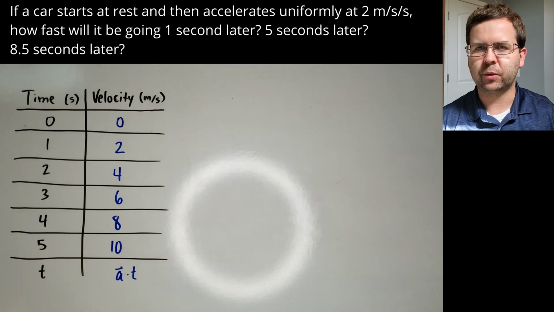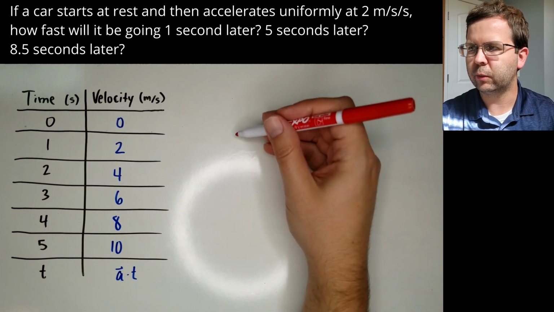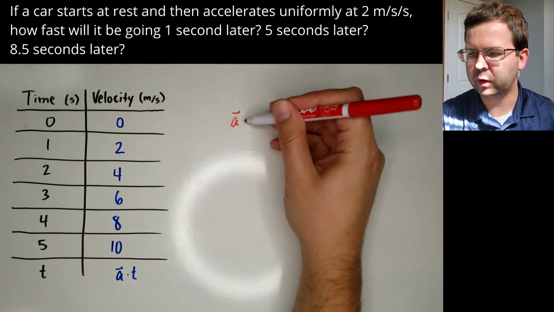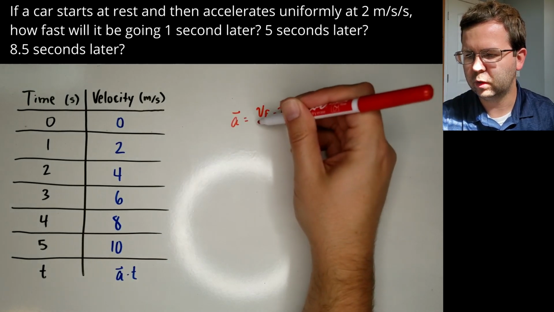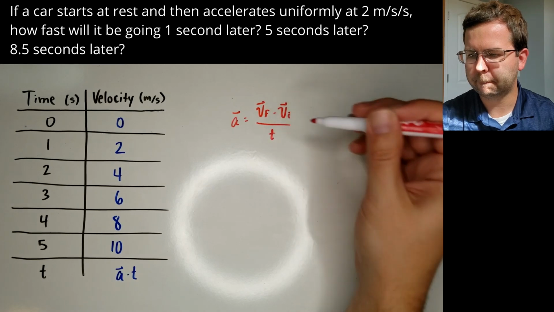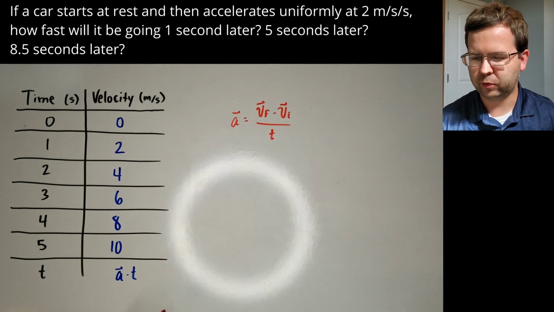So to find for 8.5 seconds, we need to use that equation from earlier. The equation that I want to use is acceleration equals the final velocity minus the initial velocity over time. And I'm going to solve this for the final velocity because that's what we want to know.